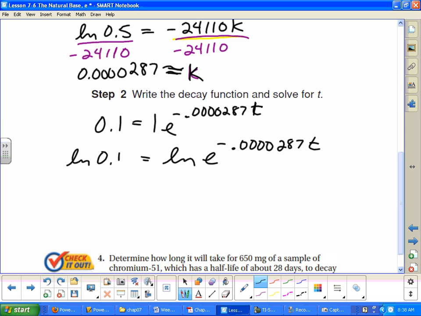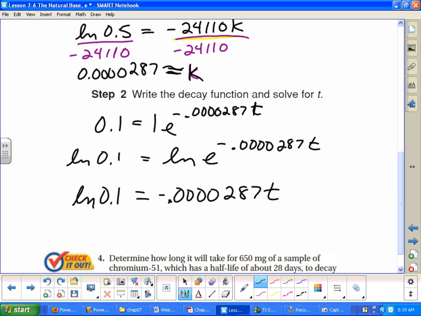Is the answer going to be more or less than 24,110? How many people think less? All right, you all think it's going to be less. Now think about it for a second.